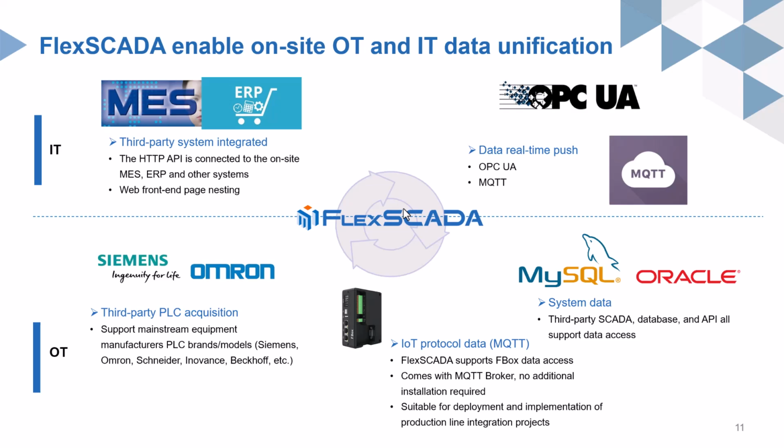FlexSCADA supports API to connect to the MES, ERP, and other systems, and also supports pushing data to other platforms by OPC or MQTT, and lower side connection by some mainstream protocols like Modbus and IoT protocol data.